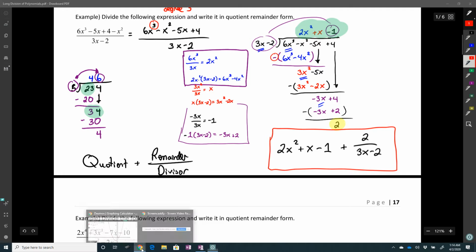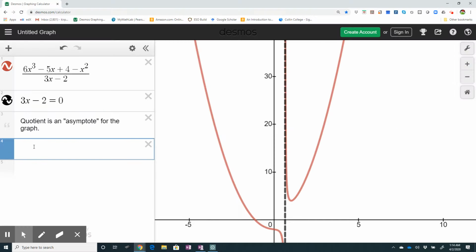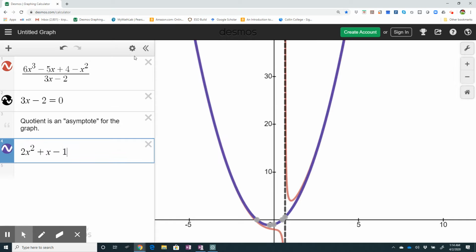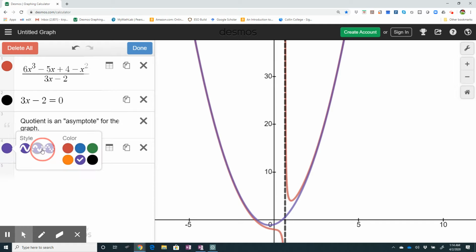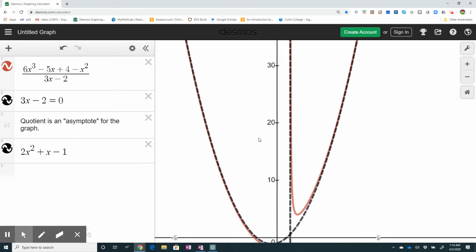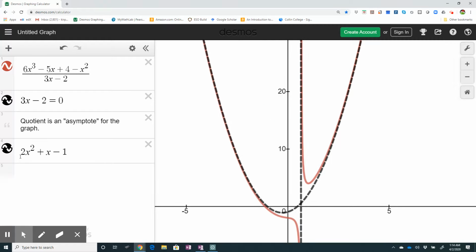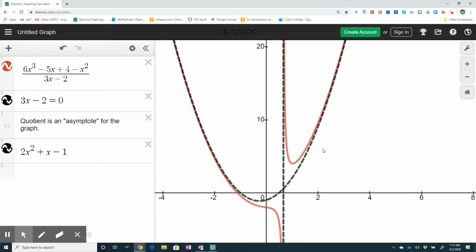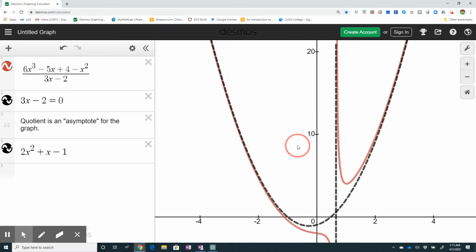If I go back to Desmos, 2x squared plus x minus 1, notice that there it is. This is my quote-quote asymptote for the graph. So my graph looks like 2x squared plus x minus 1, except it has a vertical asymptote at 2/3. If you solve 3x minus 2 equals 0, that's 2/3. Isn't that pretty cool?